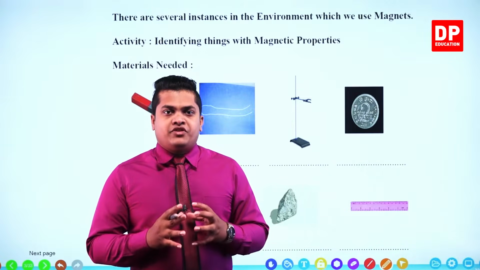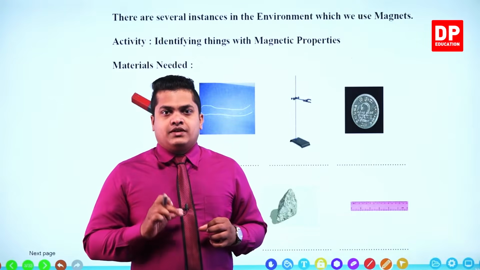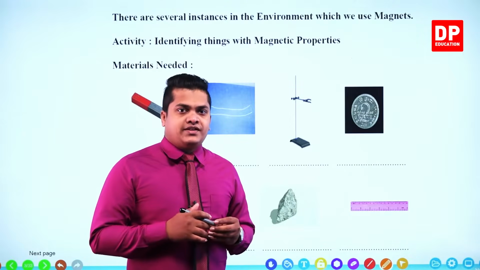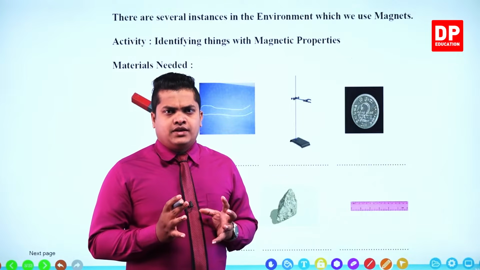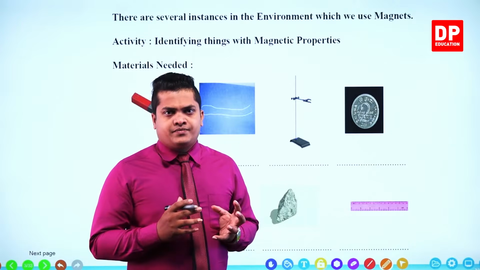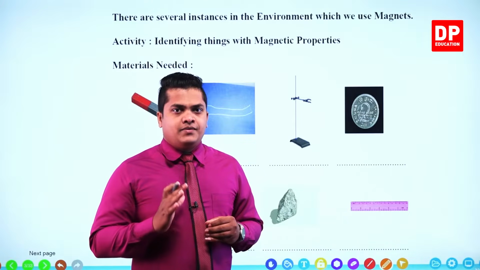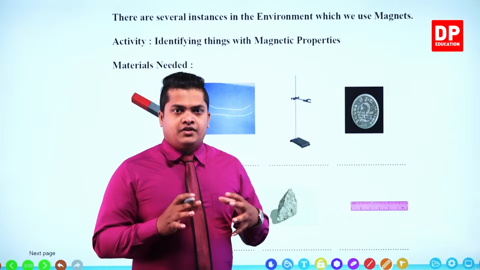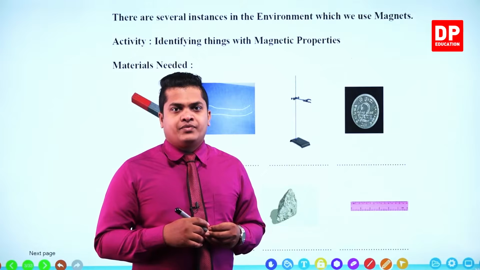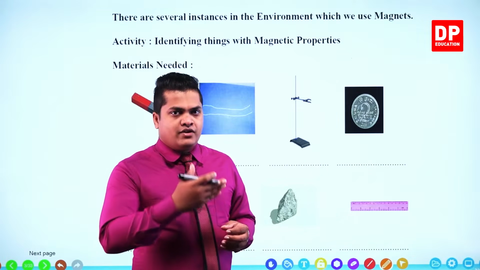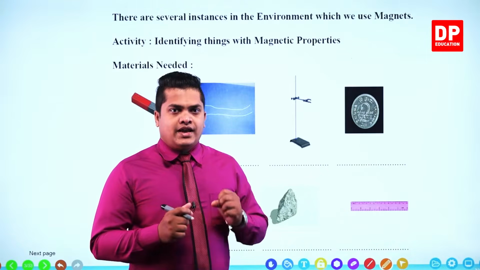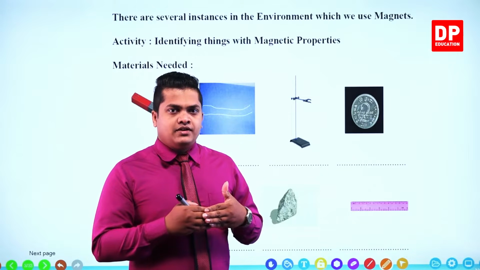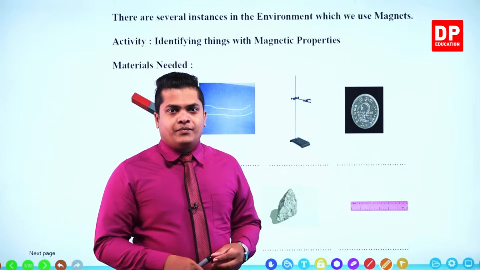The magnet is the one which is used to close the lid. So that's one sort of instance, in toys and in pencil cases. If you check your refrigerator at home, you can observe there is a layer of magnet, and when you are closing the door of the refrigerator, the magnet helps to close the door.